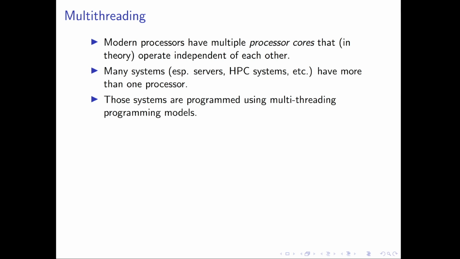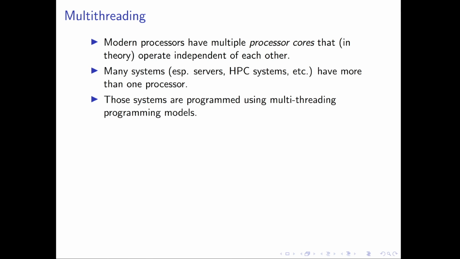In theory, those cores and those processors can act independently of each other. When we discussed SIMD, we saw that there's lockstep execution. With multithreading, we don't have lockstep execution anymore, but the individual cores and processors operate independently of each other. And when we execute instructions from the same program, then we usually have to synchronize the execution of the instructions at some points in time.